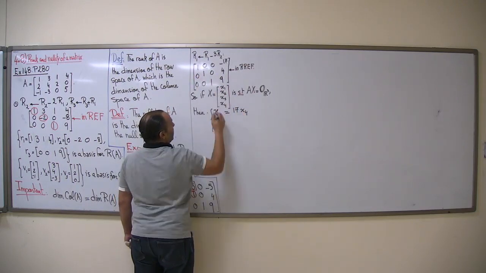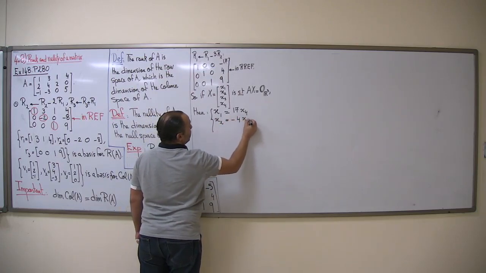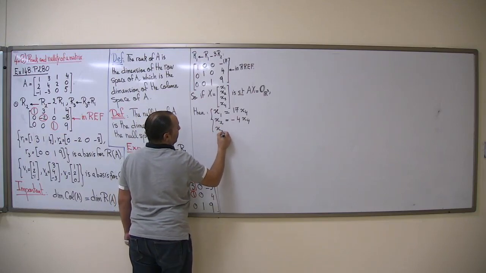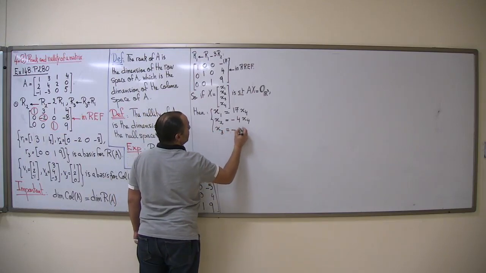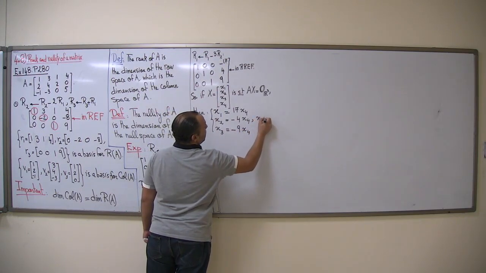The second row gives x2 is equal to minus 4 x4, and the third row gives x3 is equal to minus 9 x4. x4 is free.